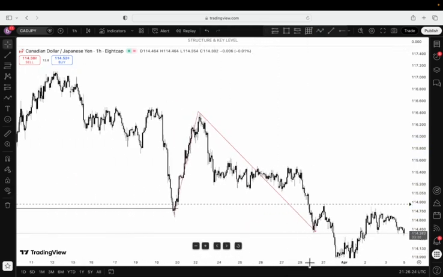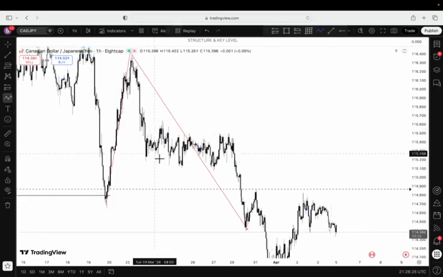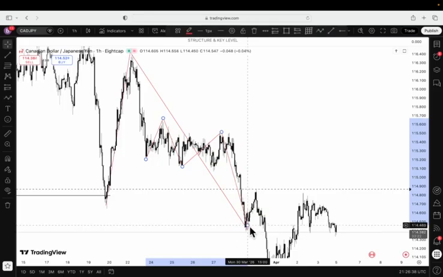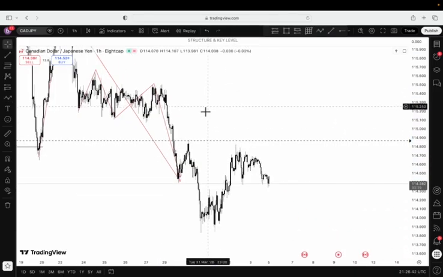So we just pick out the two. Let me draw it to show you. So we have passed this, so where we are at now is this.